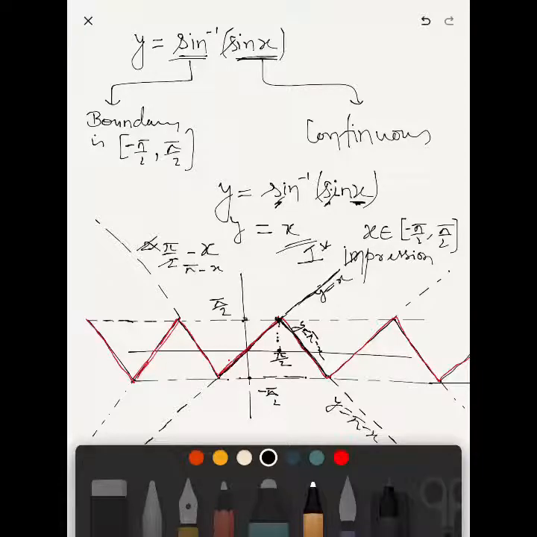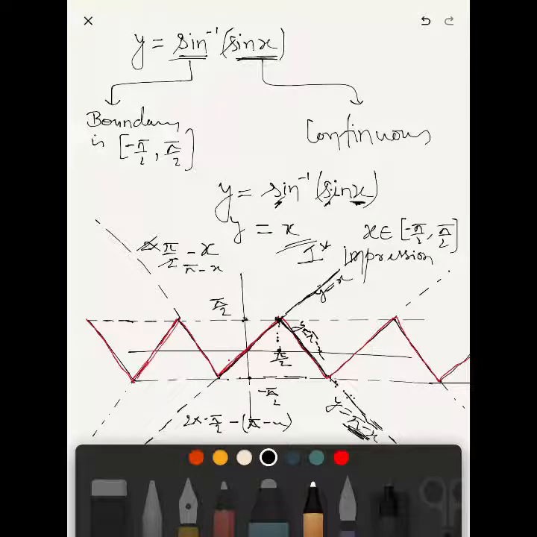Again this line, which is going out of boundary, is folded at which boundary? Minus pi by 2, isn't it? So again you will write 2 into minus pi by 2, minus graph. What is your graph now? Your graph is pi minus x.